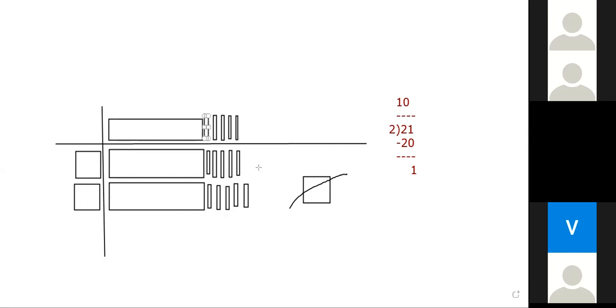So in other words, you get 0.5 here. That's exactly why you are going to put a 0.5. And here we just put a 0, and then we write a 10 here and then we subtract.